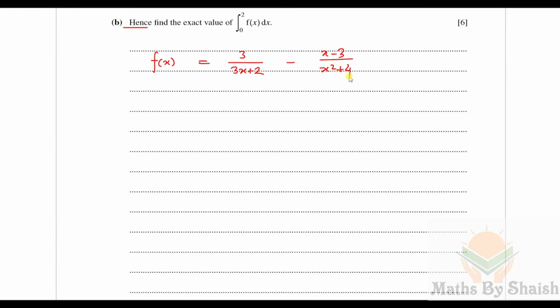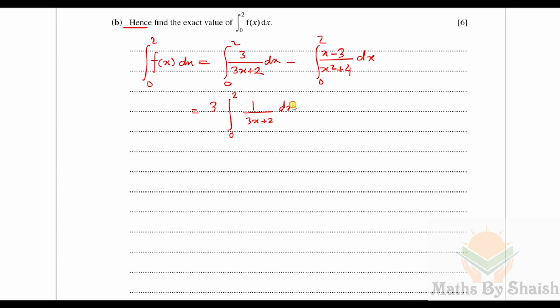Now in order to integrate this, we are integrating all the parts from 0 to 2, with dx. Now we'll simply integrate this, and we can rewrite it as 3 times the integral from 0 to 2 of 1 over 3x plus 2 dx.